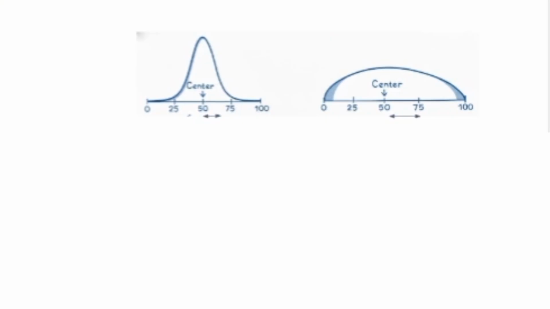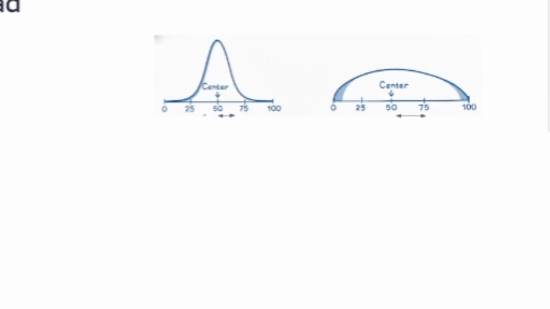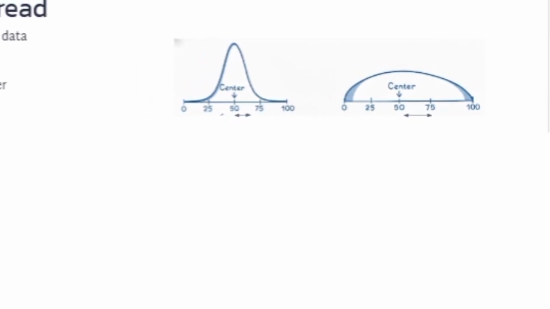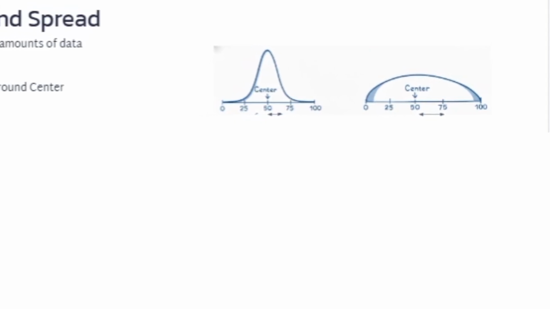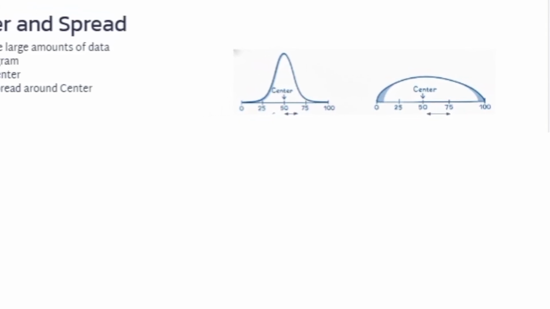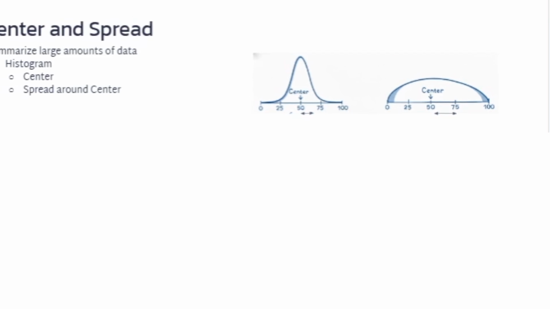So it's not about the range, it's about how the data are spread around the average. On the one on the right, there is more area further away from the center, and that's why we say the spread is larger, even though the range for both histograms is the same.